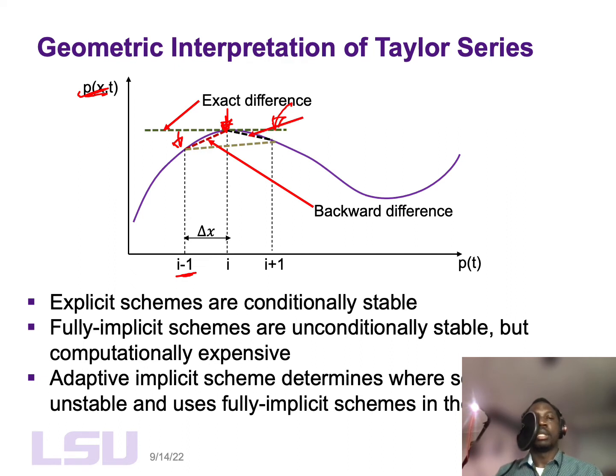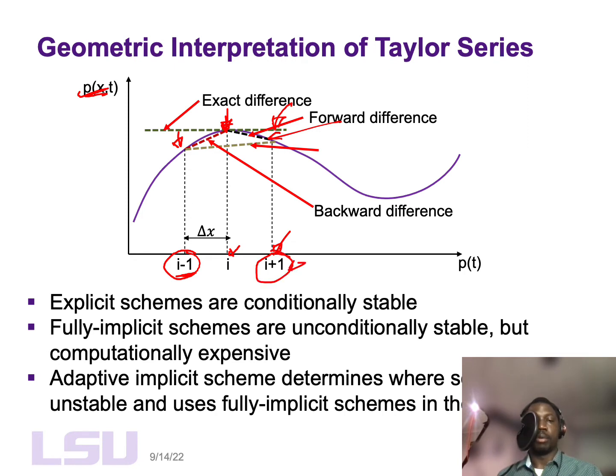If you use this one, then you're using the point ahead of I, which is the current point. So that is forward. And lastly, if you use that slanted line there, you're using the points before and after.